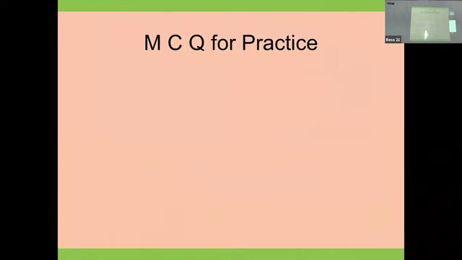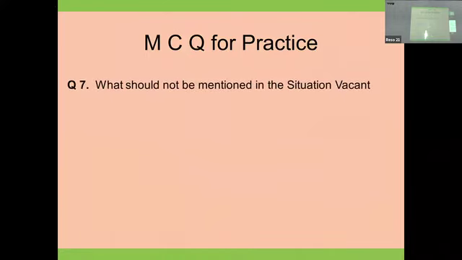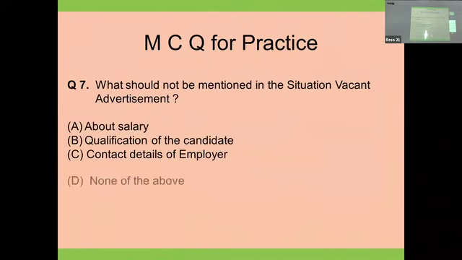C for cute. Okay. What should not be mentioned in the situation vacant advertisement? About salary, qualification of the candidate, contact details of the employer, or none of the above?